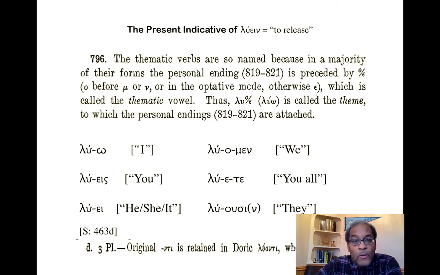Again, the only way you're going to learn this is by writing it out numerous times and walking around repeating it to yourself until you can say it backwards and forwards with your eyes closed. Smyth, section 463D, explains the genesis of the third plural as λύουσι, and it's worth taking a look at.